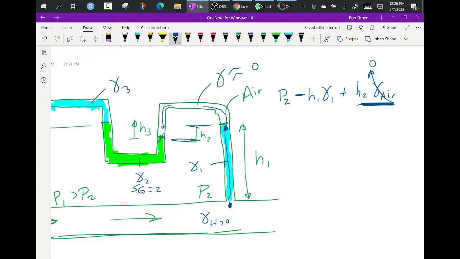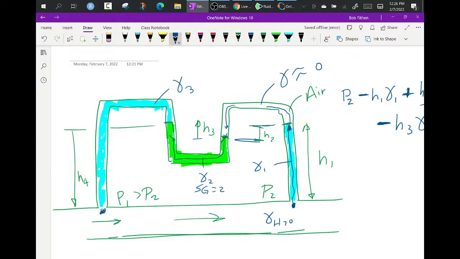Now we're going back up. We went down here, but essentially we went through air, so it really doesn't matter. We went back up. We went up H3 through gamma 2, and now we've entered into water again.